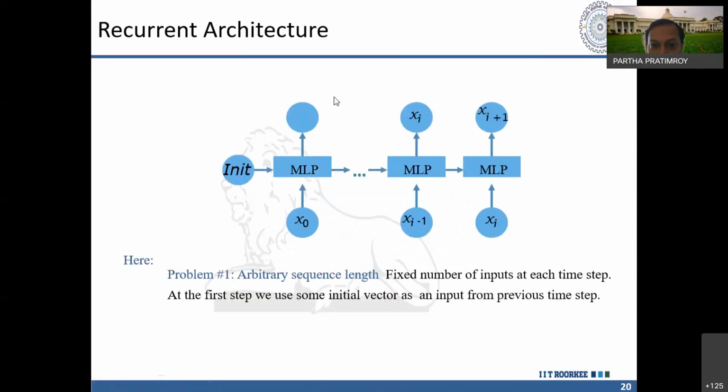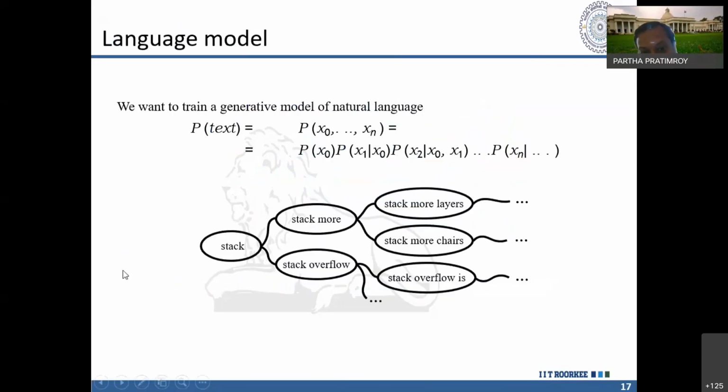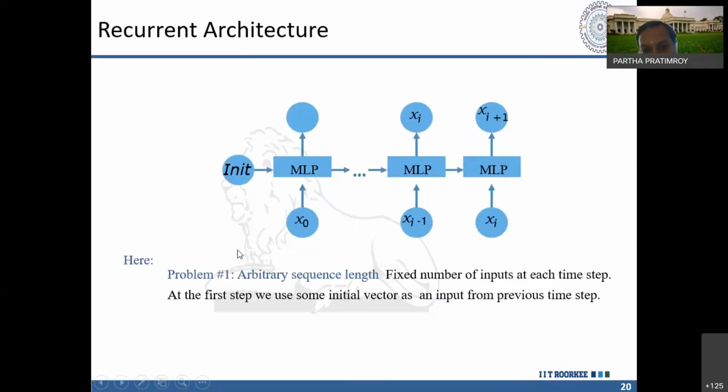But if you are using only a simple one-layer network like this, then you are considering one input and getting the output, and that output is considered as input. But then the previous information, x0, the first one, stack, you are not considering anywhere, right? So that information also we need to fit somewhere.